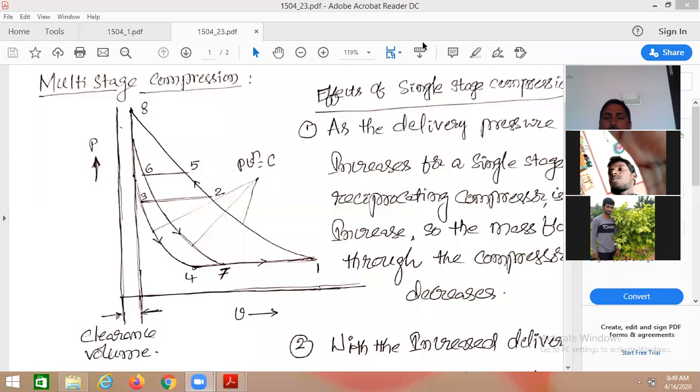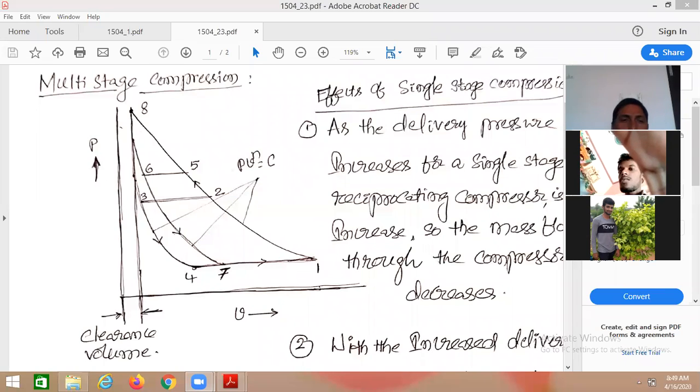Why multi-stage compression? Because we expect the maximum volume of air to enter in each cycle of the compression. So that is the advantage.